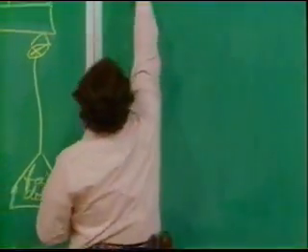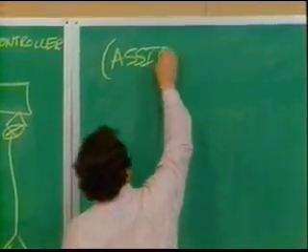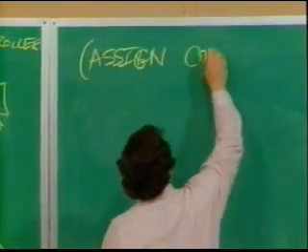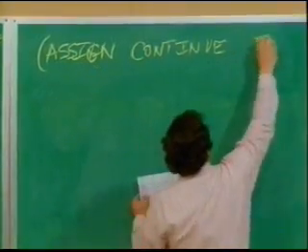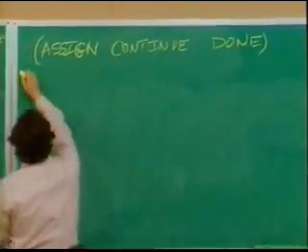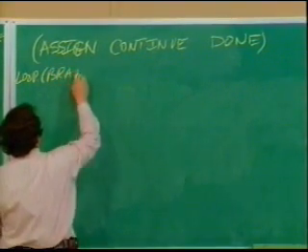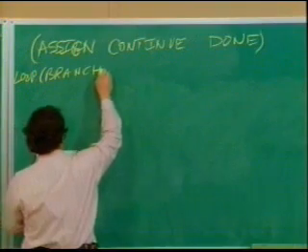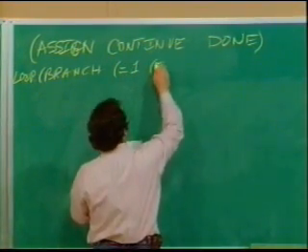Okay? So we have assign to continue done, to set up. We have a loop which says branch if equal 1 fetch n.